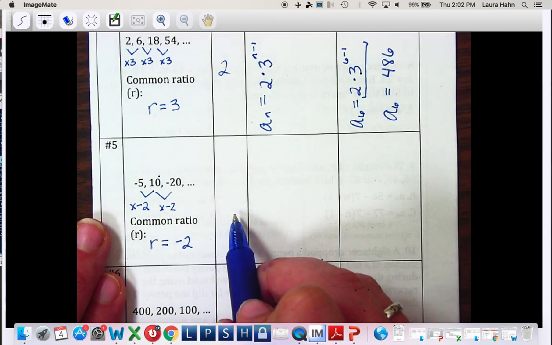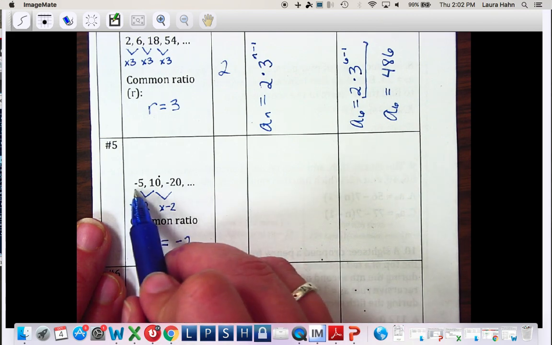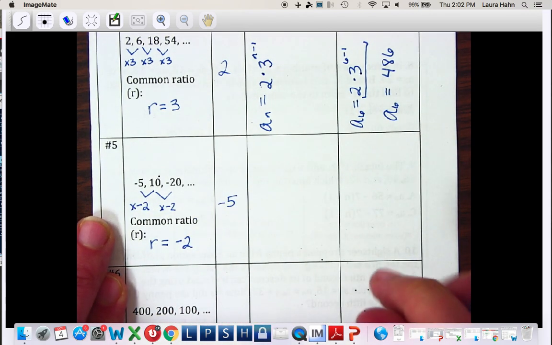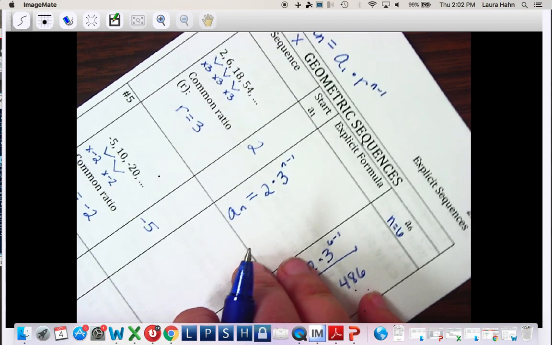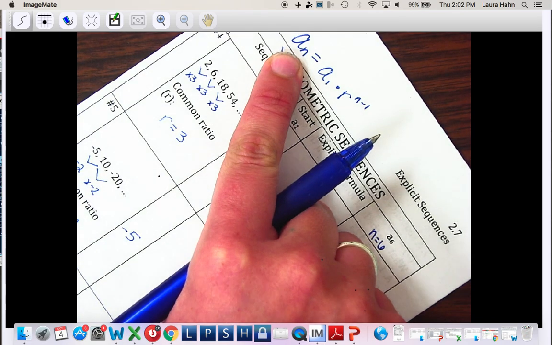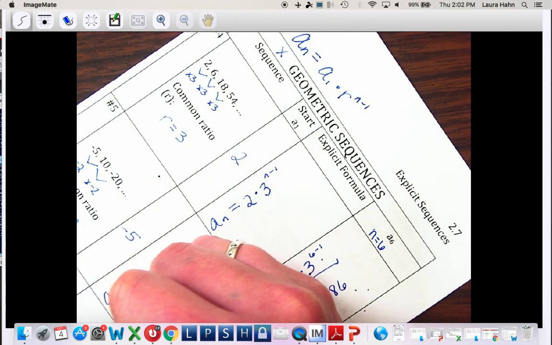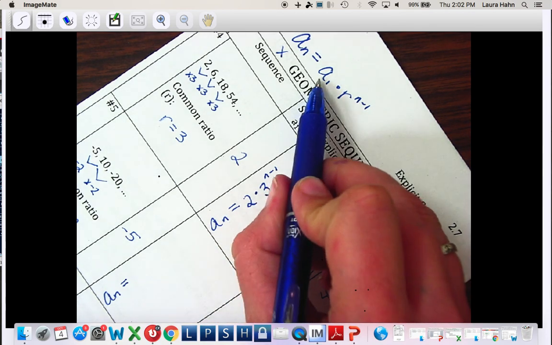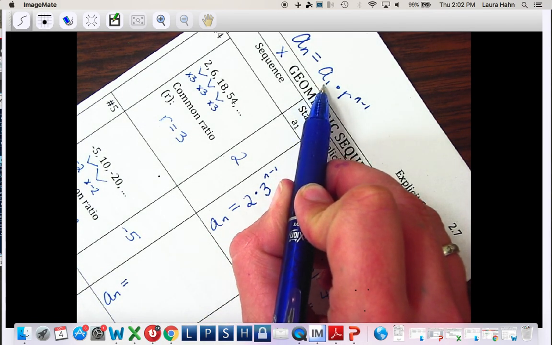In this column, we want our starting value, our A sub 1, which is -5. All right, so now let's turn it sideways so we can follow this formula that's up here at the top. So we start with A sub n equals, I know my first term, A sub 1, so I can plug that in.